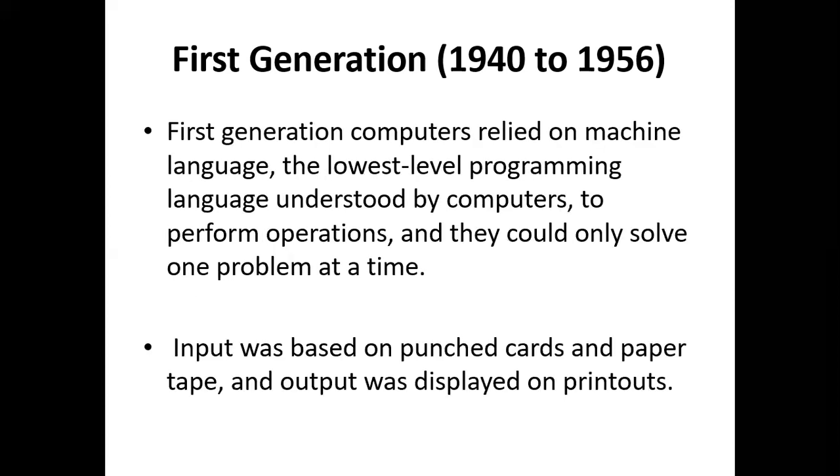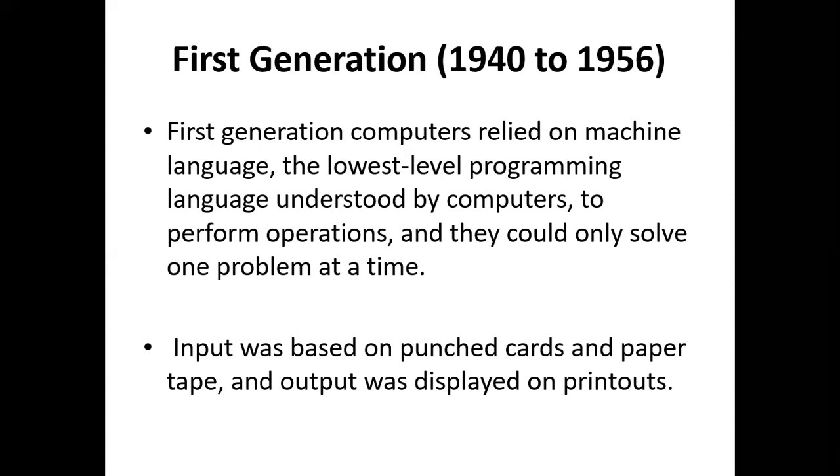In terms of their performance, another characteristic we can talk about was that these computers relied on machine language. The instructions that were issued to the computer had to be written in the actual language that the computer understands.